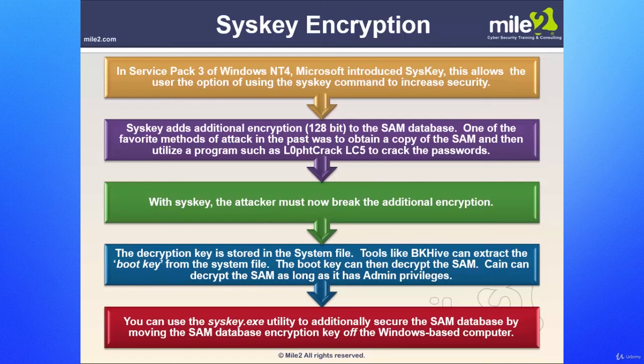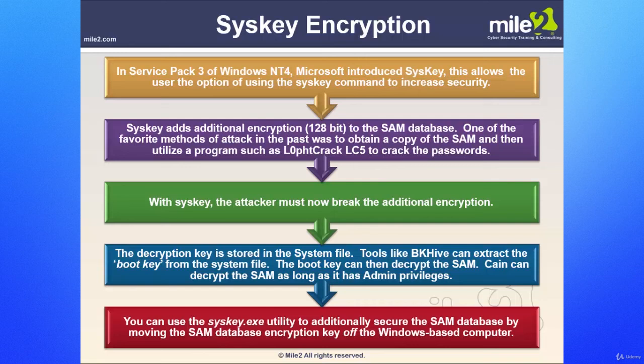Now since NT 4.0 Service Pack 3, Microsoft had introduced what's called the SysKey, which basically allows 128-bit encryption to the SAM database. Now one of the favorite methods of attack in the past was just to obtain a copy of the SAM, then utilize a program like L0phtCrack and crack the passwords with it. Now with SysKey, we have to crack it first.